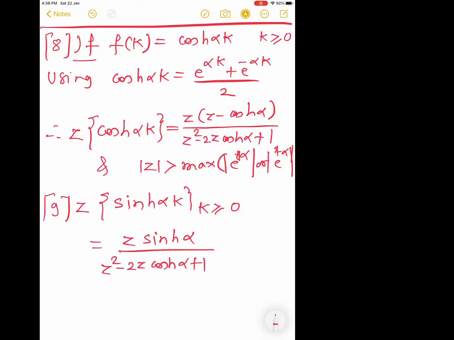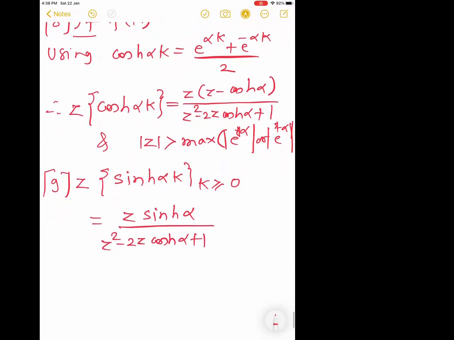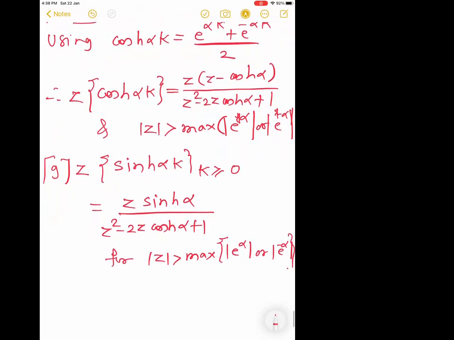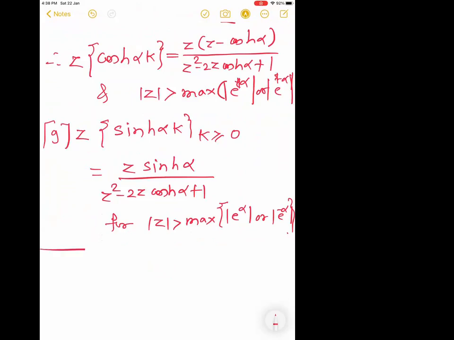The denominator of both is the same and the region is also the same, mod z greater than maximum of mod e raised to alpha or e raised to minus alpha. Okay, so that can be remembered as a standard form for this particular function.